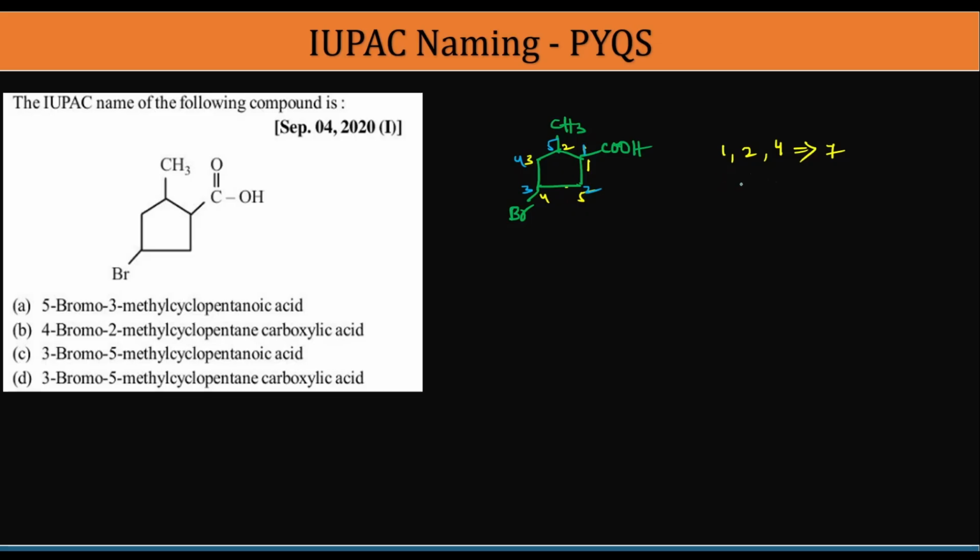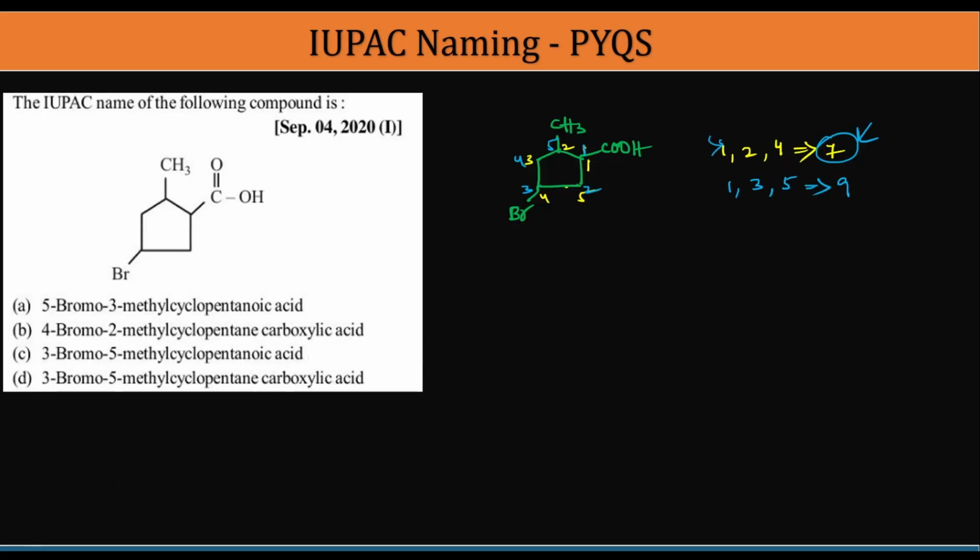Now the blue one, how carboxylic acid is getting 1 position, 3 and 5. This is 5, 6, 7, 8, 9 we are getting. So we will prefer this order because it is having less sum, right? So yellow one we will prefer.